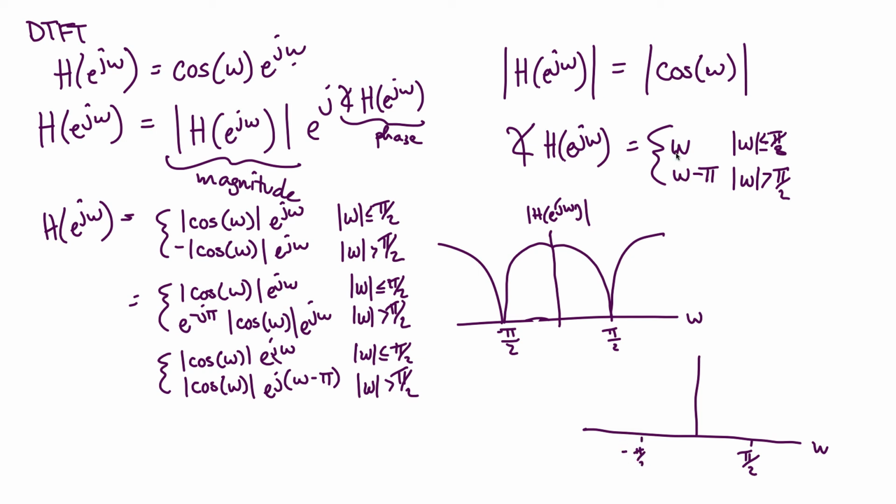All right, and it's just equal to omega when we're within pi over 2, so that's good. And then as soon as you go outside pi over 2, we subtract pi. Okay, so then go down, come back up, like this. All right, and then this is the phase.